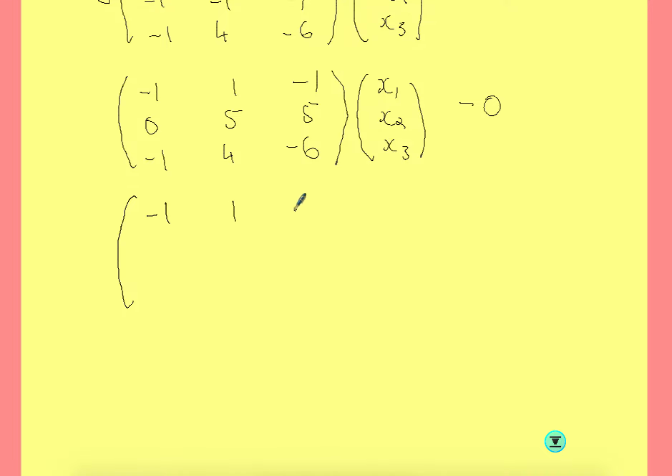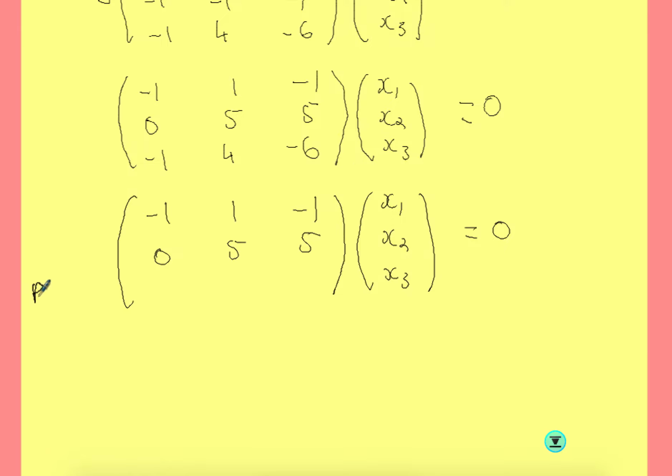-1, 1, -1, 0, 5, 5, times x1, x2, x3 is equal to 0. So I'm going to do R3 take away R1, because remember, that's what I always need to do to make that element 0.